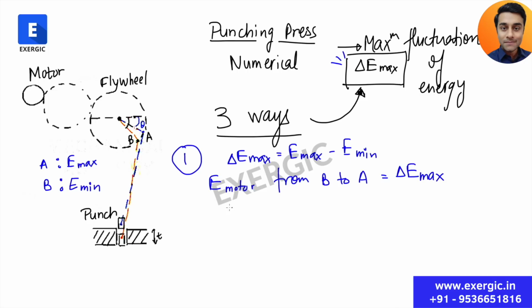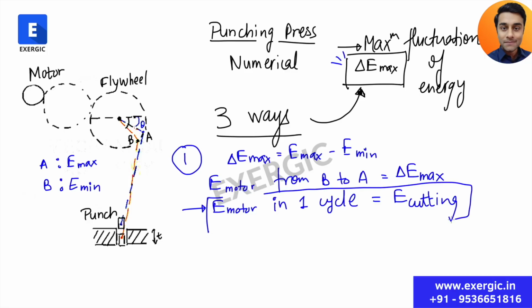At the same time, we can also say that the energy provided by the motor from B to B, or from A to A, or in one complete cycle, is equal to the energy required for cutting. This is a concept which I have already told you, and we are not going to use it in this method. I'm going to tell you three different methods.